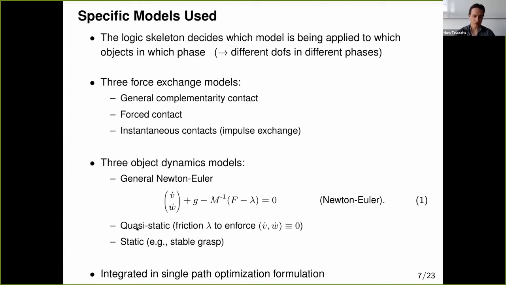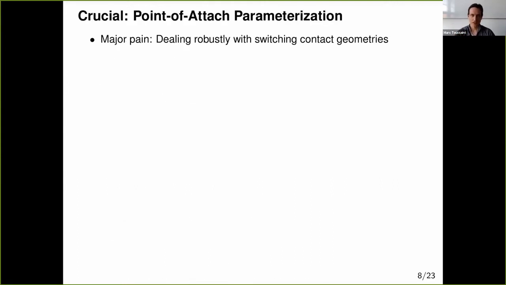And as a simplification, the logic can decide to simplify the equation to only quasi-static equations, or to simplify the equations even to static relations, like static graphs or static placements, things like that. And the point is that we can integrate all of these different choices of which equations govern which objects into a single path optimization formulation.